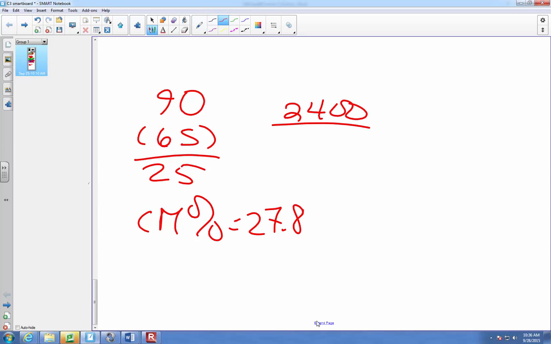That my CM's gonna drop now, right, to 25. So as a percentage, 25 divided by 90 is 27.8.